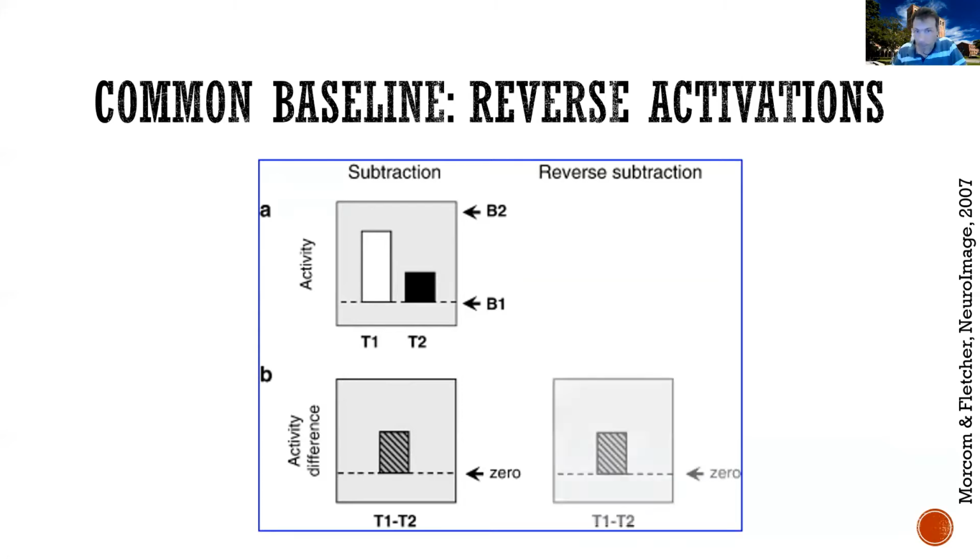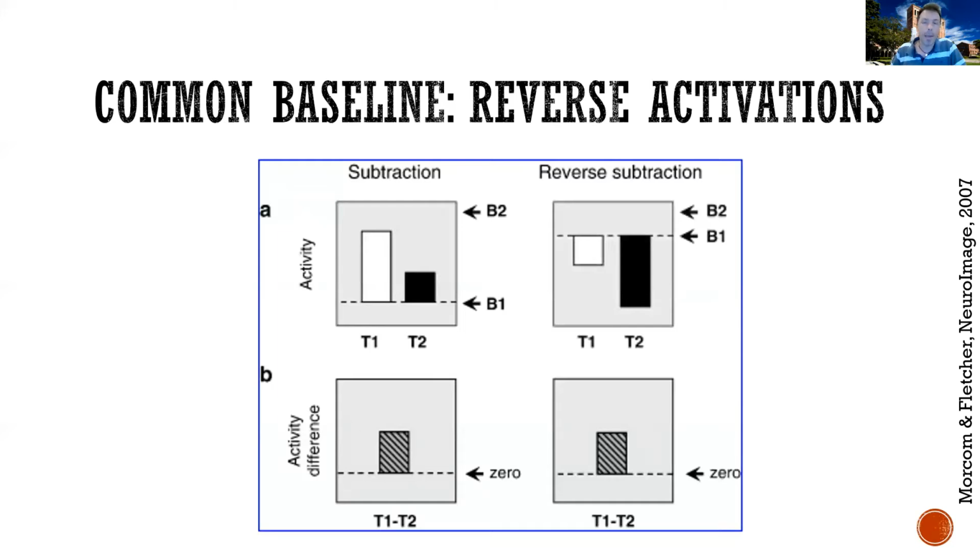However, there's a second way of getting a positive value when you subtract two numbers that you have to be mindful of. And that is the case of a reverse subtraction. So in this scenario, pictures of faces does not activate this part of the brain. In fact, while you're looking at pictures of faces, this part of the brain is a little bit less active than if you were looking at nothing.